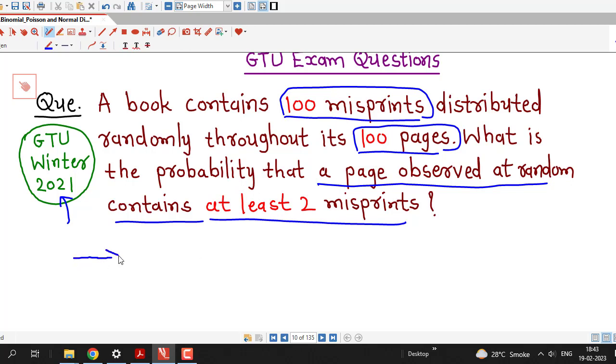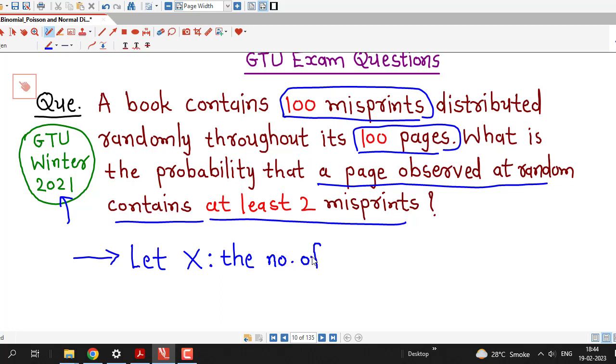So first we have to decide which random variable we have to consider. Here the concern is about the misprints in a page, so we can consider the number of misprints in a page as the random variable under consideration.